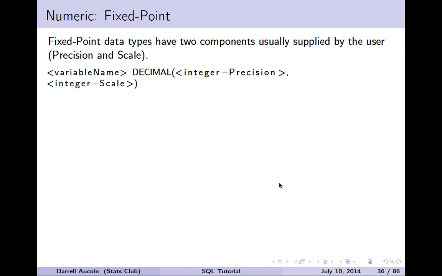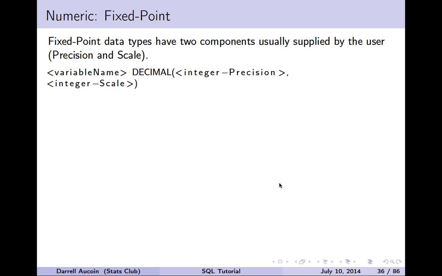There's also fixed point. For instance, 2.003 could be saved as that, and it always records up to this point, and that's it. That's basically what fixed point is: it always keeps the decimal point at the exact same spot.